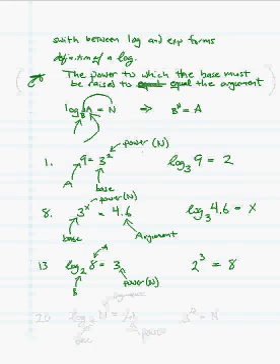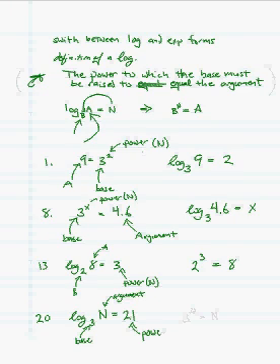And then again in 20 they give you an example with variables instead of numbers. So they give you log base 3 of n equals 2.1. In this case, it's a little bit tricky because I'm using n for my variable for the power, but in this case, they're using n as the variable for the argument. So try not to get too confused. Anyway, just looking at it, it's easy to see that this is the base, this is the argument, and this is the power to which it has to be raised.